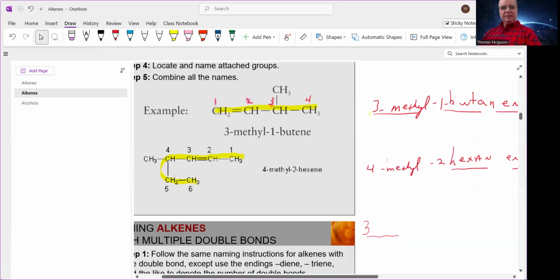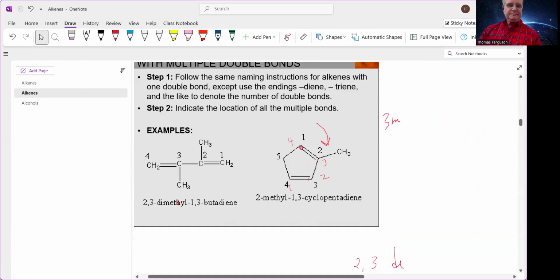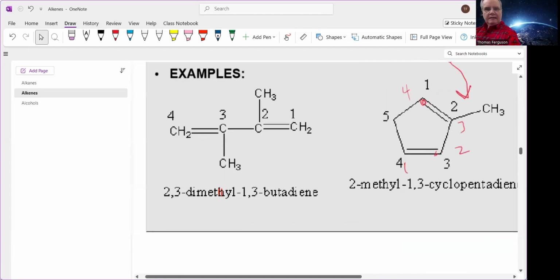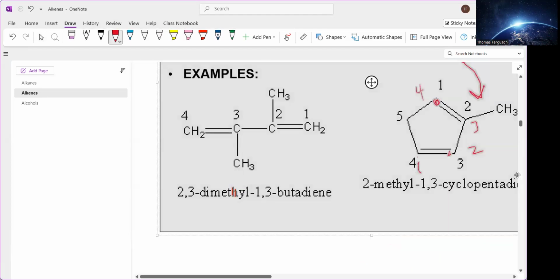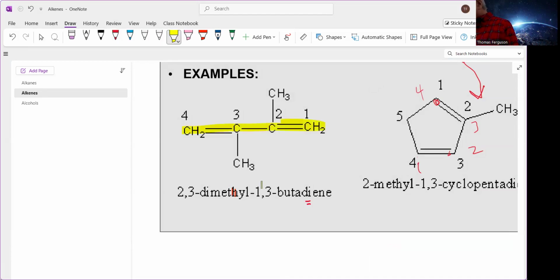Now, you can have multiple double bonds and you can have cyclic double bonds. Multiple double bonds are labeled with a di for 2, diene. Backbone: we've got 2 methyl branches and 2 double bonds.